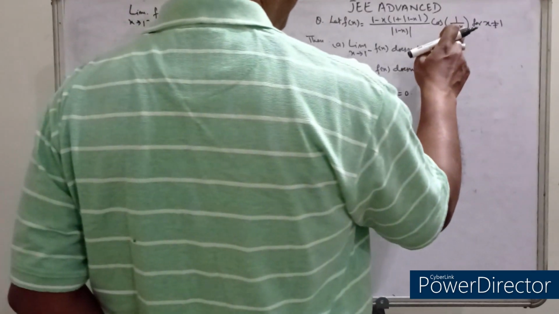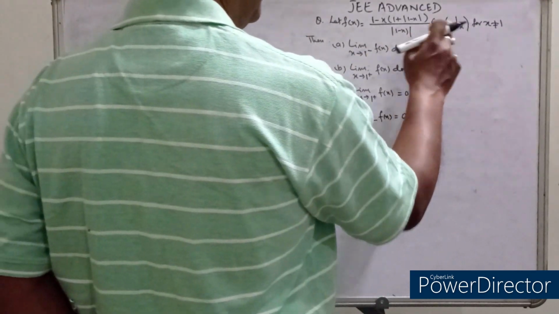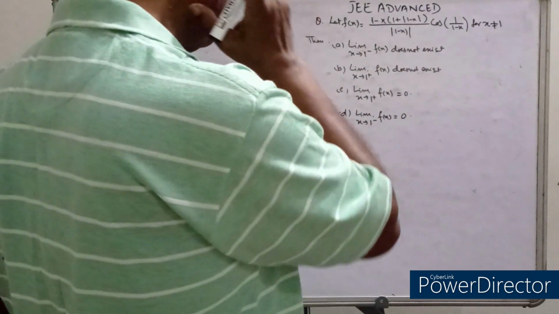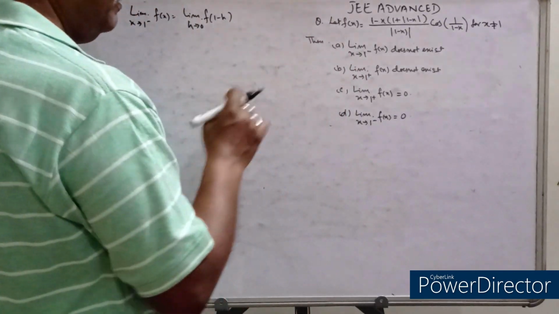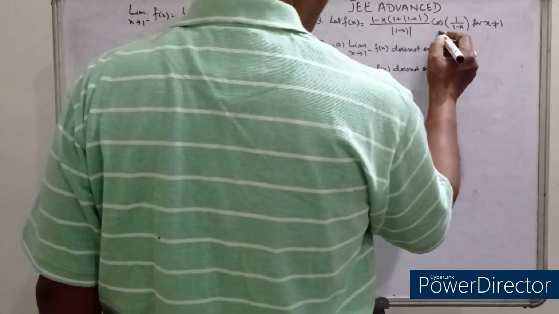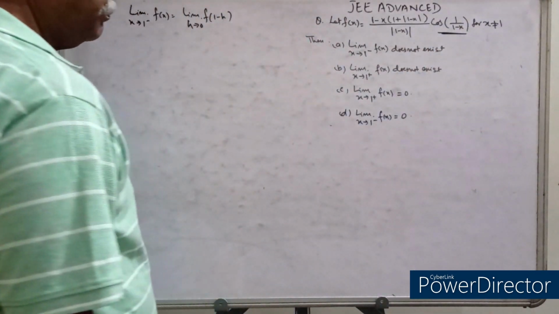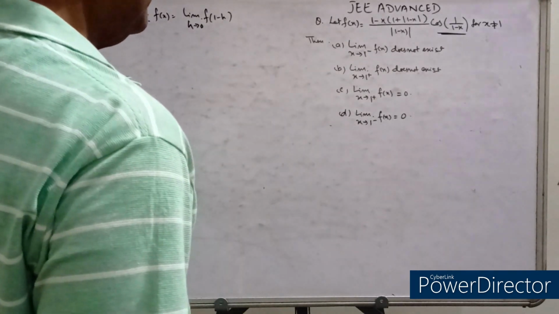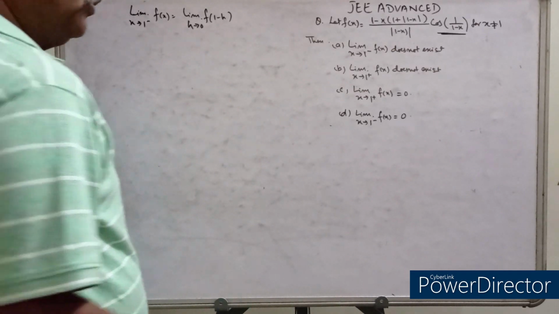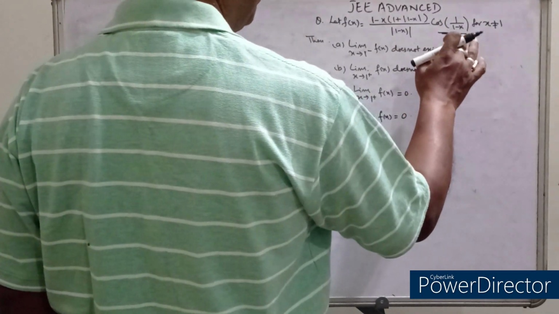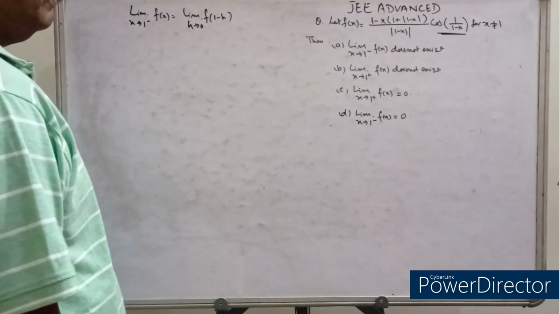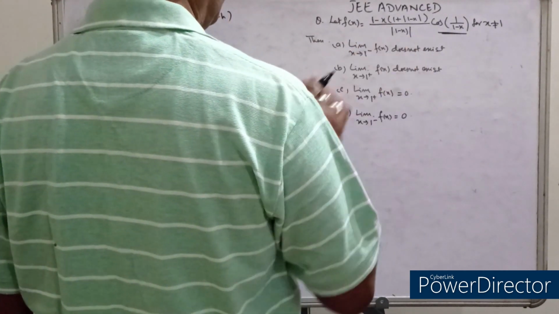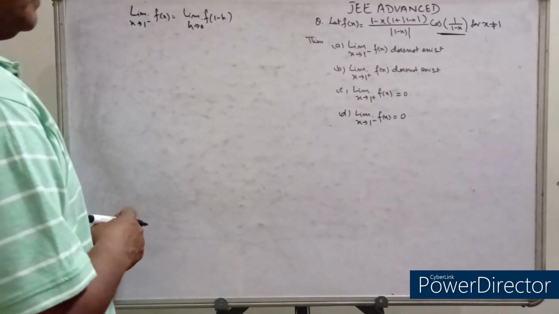If you simply place the value 1 here, it becomes not defined. This is the main problem, created by this cos. No doubt it creates a problem, because 1 by infinity will be not defined, yet you can solve it. Let us see.